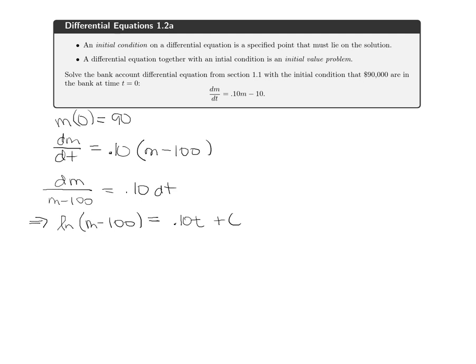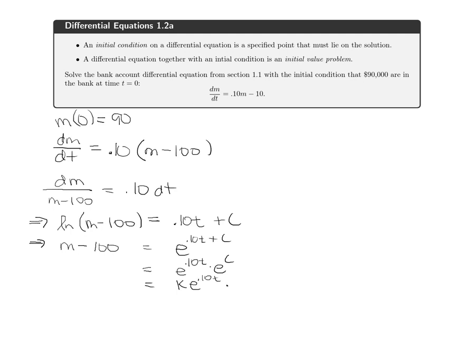Now we're trying to solve for m, so we exponentiate. So we have m minus 100 equals e raised to the 0.10 t plus c, which I could rewrite as e to the 0.10 t times e to the c, or e to the c is just some other constant, so I'm going to call it k times e to the 0.10 t.